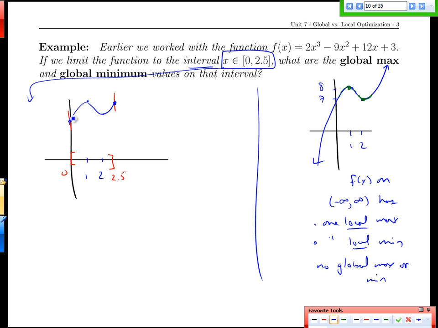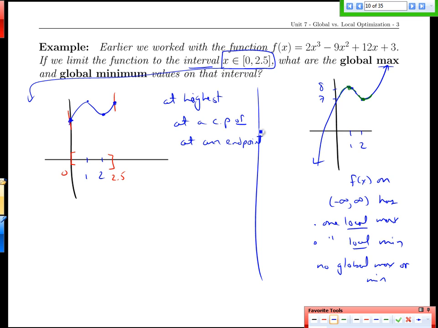So where is the function going to be highest on this interval? It's going to be at its highest at a critical point or at an endpoint. So that's why we make the distinction between critical points and endpoints: the global max on a fixed interval like this will occur at an endpoint or a critical point.